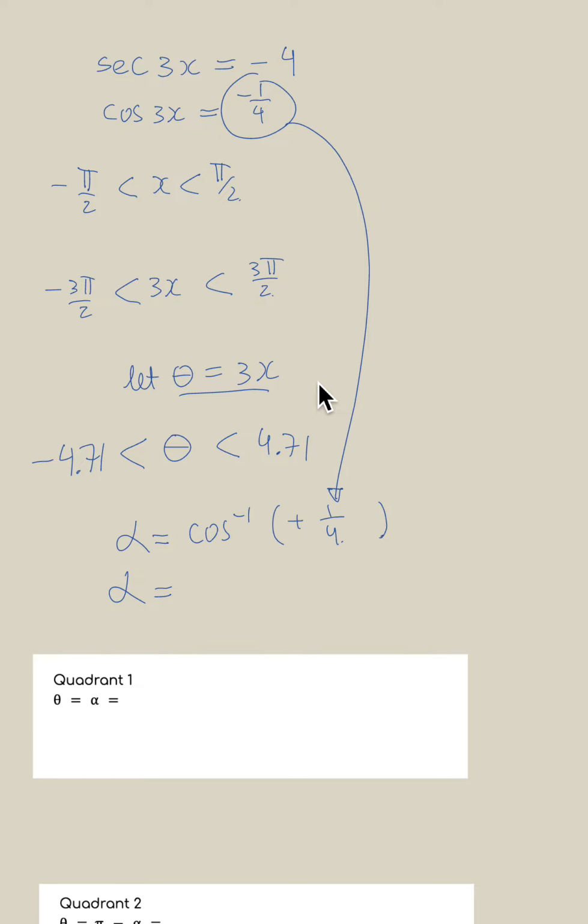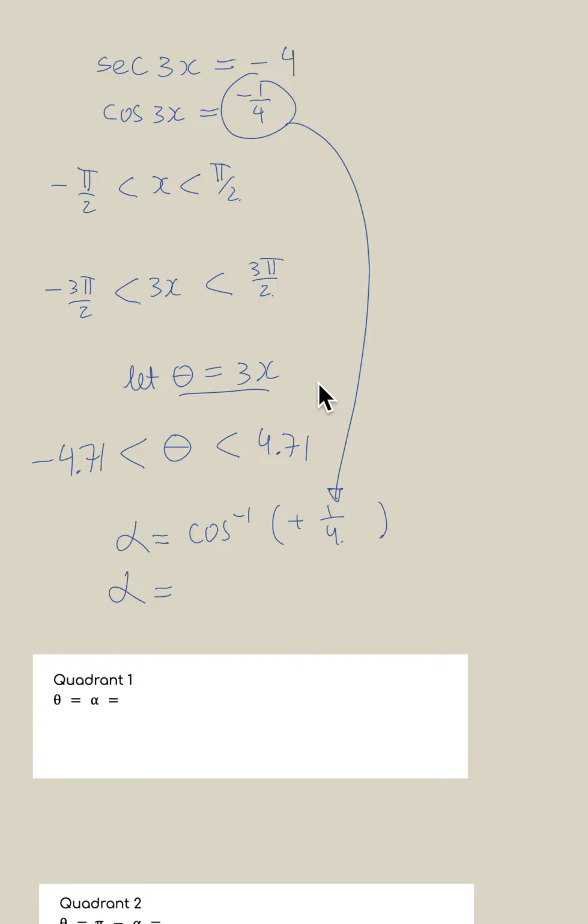The reason is that alpha is the basic angle, which means it is between 0 and 90 degrees, where the values of sine, cosine, and tangent are always positive. So alpha itself is not the answer yet, but it helps us to get the answer.